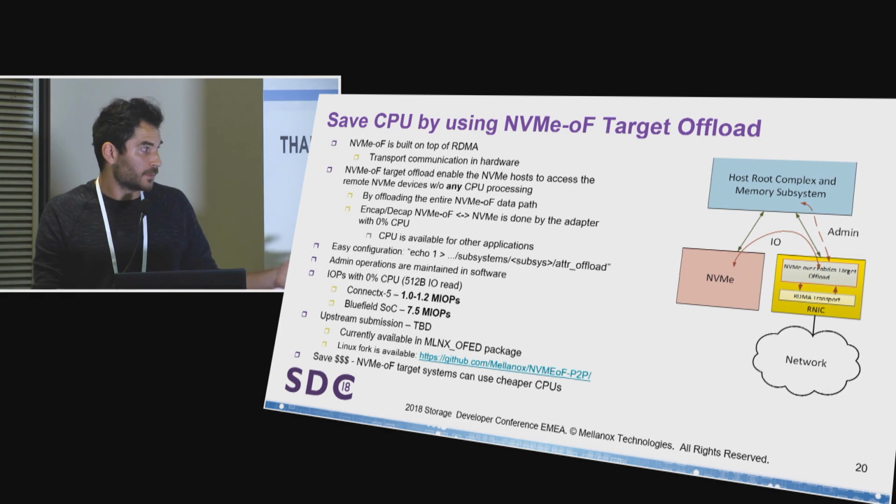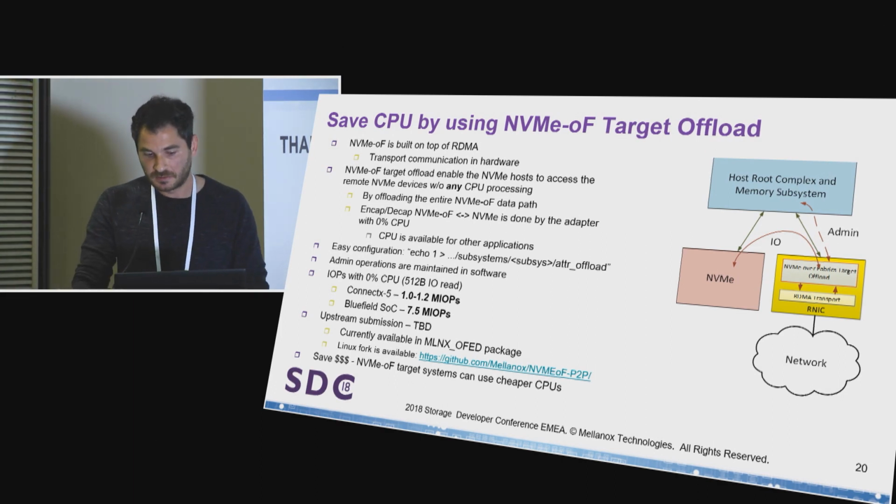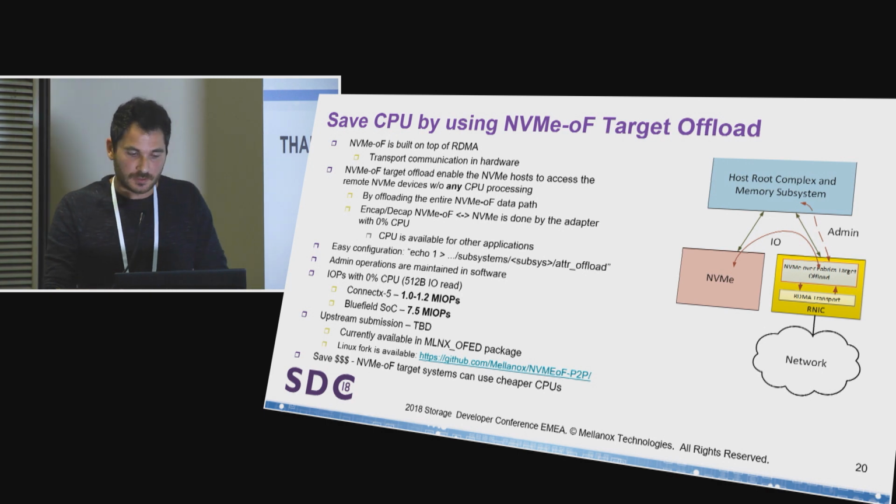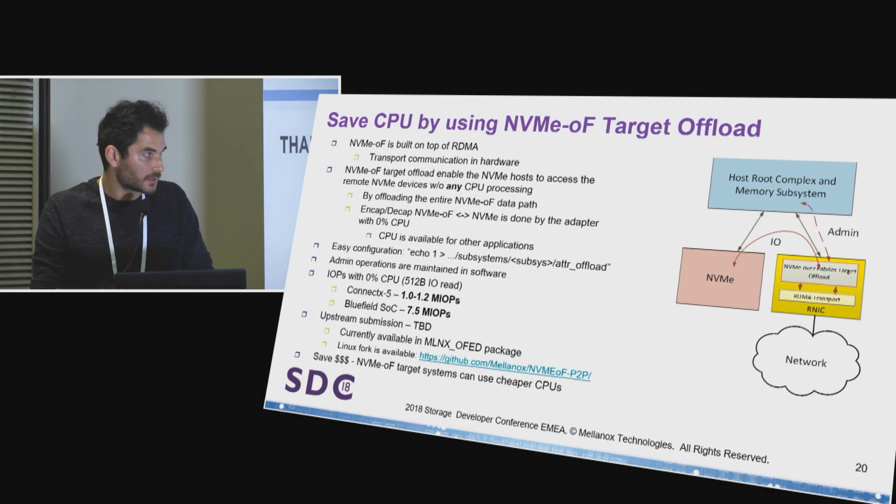Upstream submission is still ongoing. I cannot estimate when it will be submitted, but the solution is available in the Mellanox software package, and there is also a Linux fork that I maintain in the Mellanox GitHub, so you can use it and take it as a reference.